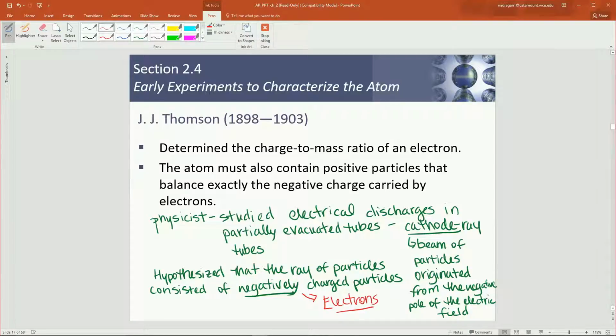From this, he found the charge to mass ratio of an electron, which is equal to e over m, where e is the charge and m is the mass.